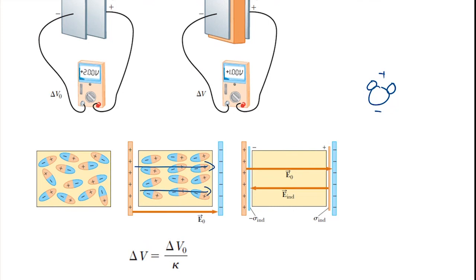These molecules are not free to move around, they're not conductors, but they all flip and line up. Then effectively, this positive charge is supposed to see this negative charge, but it's really seeing these negative charges. So that gap has been a lot closer. It's not really the same as closing it, but it has that effect.